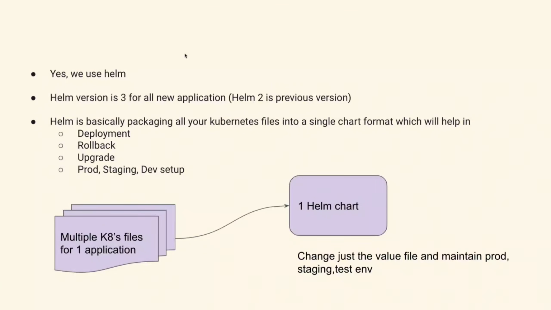Using this Helm chart, it also becomes a lot easier to handle different environments like production, staging, and testing just by making some variations in the values file that will be present as part of our Helm chart. This is about what is Helm and how to answer this question if it is asked in the interview. Let us now go to our next question.